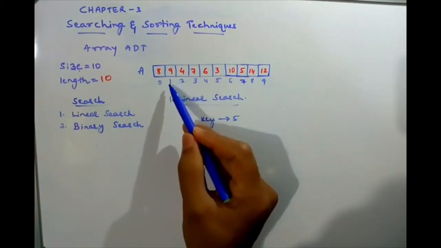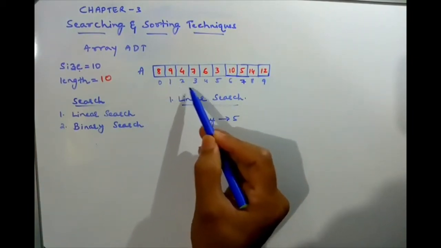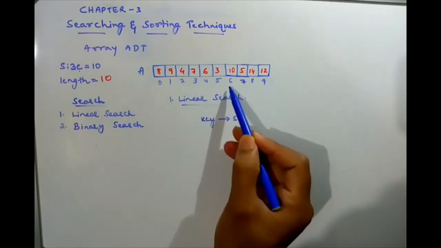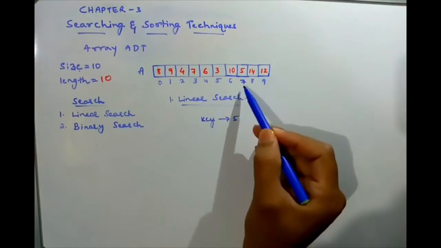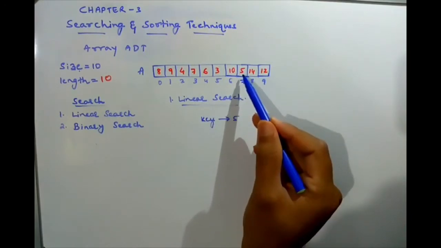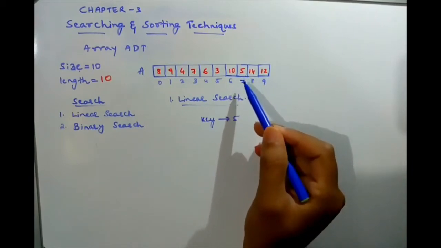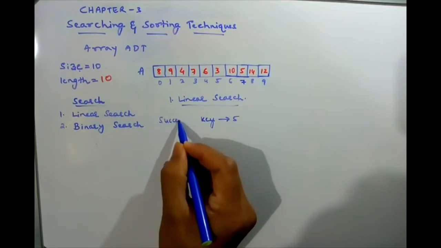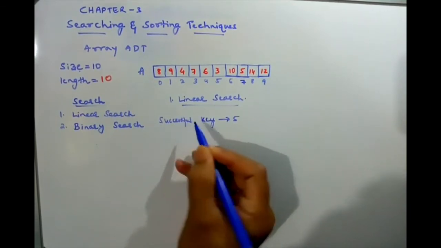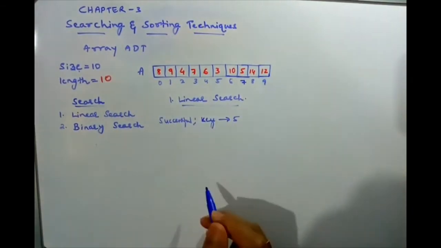No. So then we increment, and so on. This happens till we find a match, that is a of 7, is it equal to key, which is 5? So a of 7 is also 5, key is also 5. Then we have found the key. So this is a successful search.